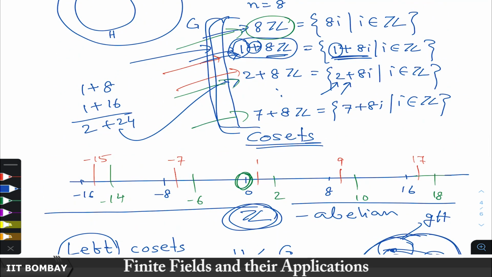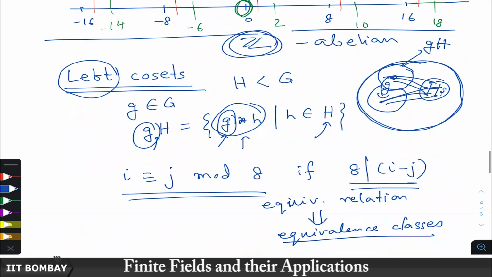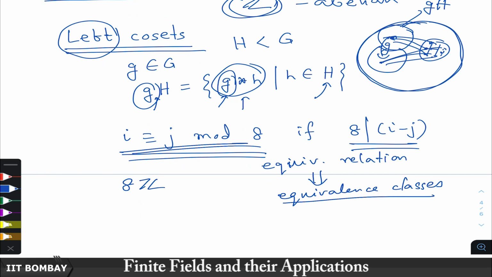And what are those equivalence classes? These cosets are the equivalence classes. Cosets of this subgroup 8Z are the equivalence classes for the relation which is congruence modulo 8. For this equivalence relation, the equivalence classes are the cosets of the subgroup 8Z.